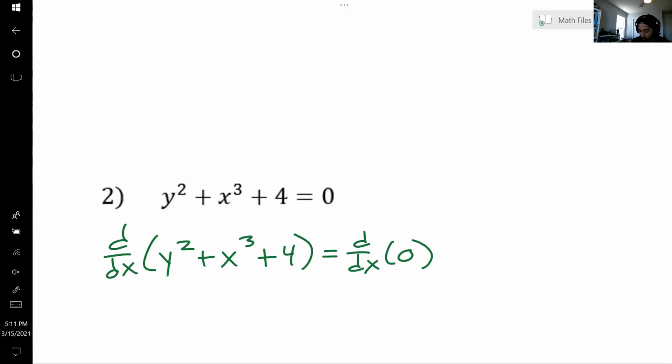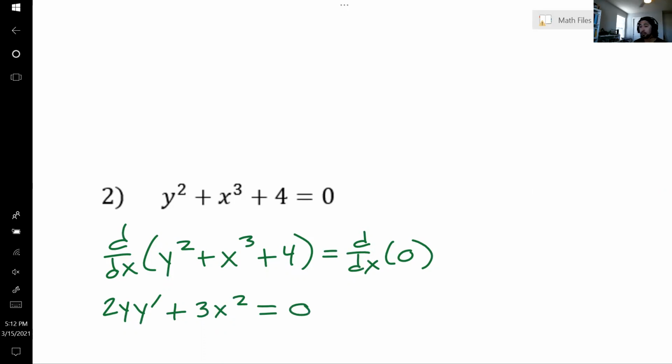And then we're going to take the implicit derivative of y squared, which means that the implicit derivative of y squared with respect to x is going to be 2y y prime plus, not the implicit, sorry, just the regular derivative of x cubed, 3x squared, derivative of 4 is 0, and derivative of 0 is still 0.